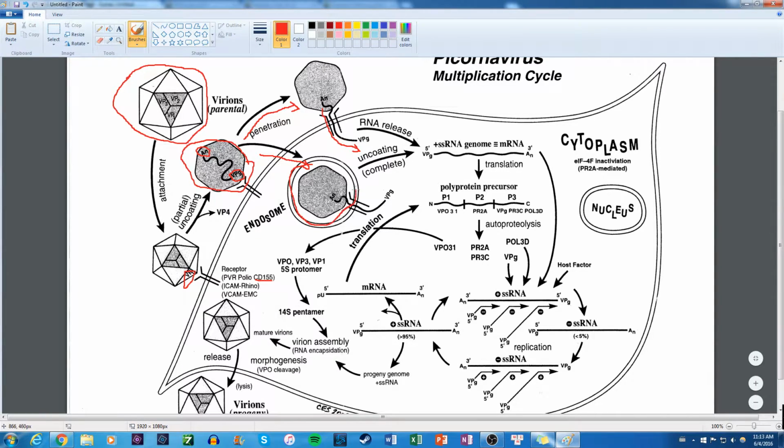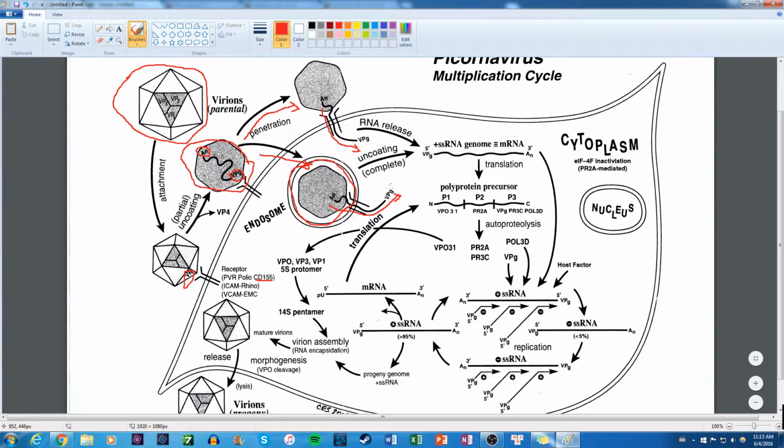It goes inside of a vesicle, and once it's inside this vesicle, you have a pH drop within the vesicle, and that allows the VPg, or the positive single-stranded RNA, to come out into the cytoplasm.